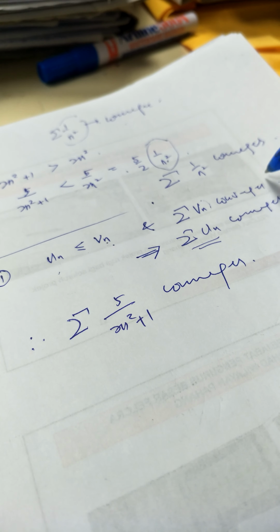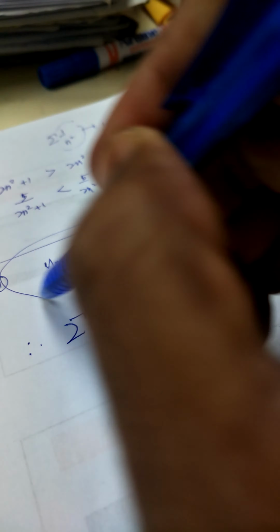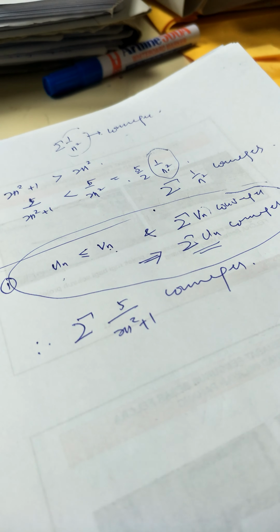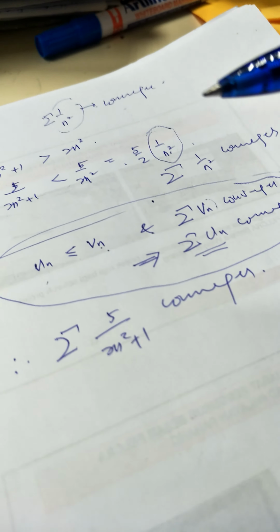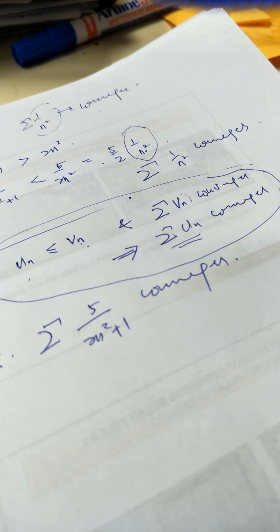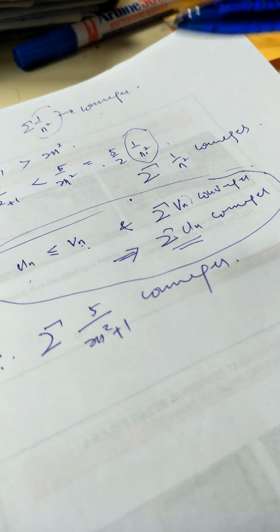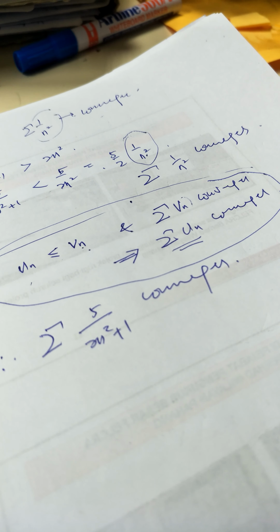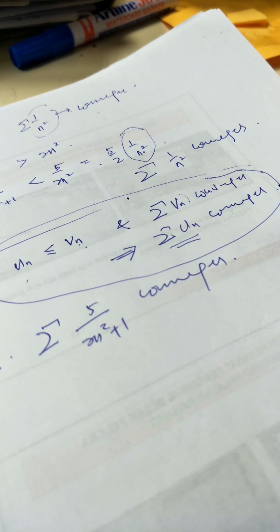The point that I want to stress here is that we have to recognize which series we want to determine the behavior of, and which one we already know the behavior of.